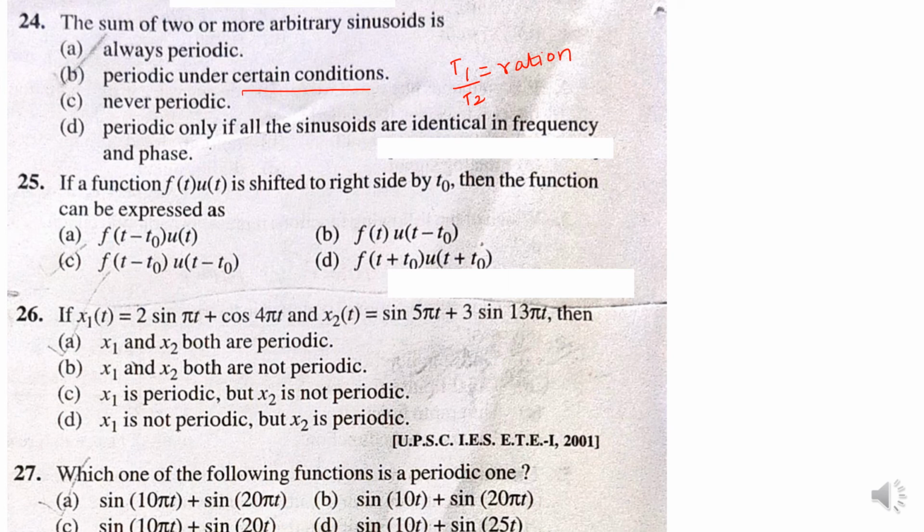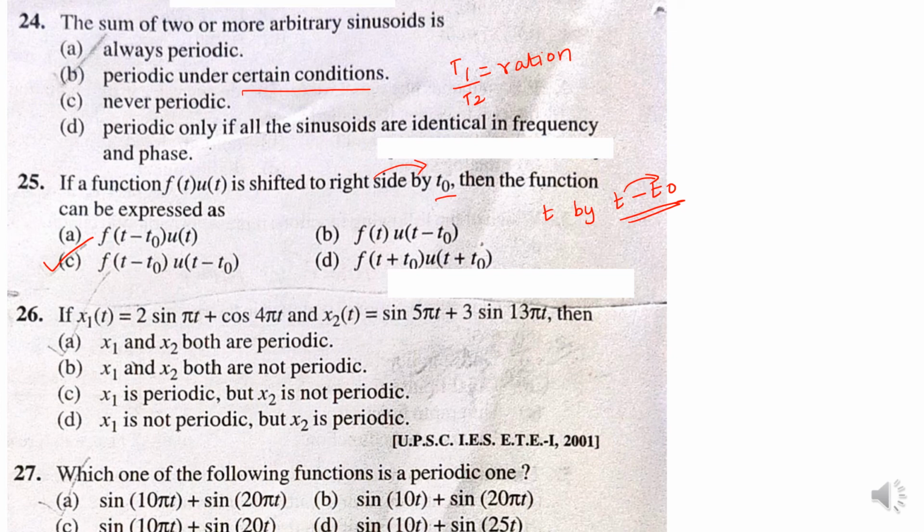The function f of t into u of t is shifted to the right side by t0, then the function can be expressed as shifted to the right side by t0. So you have to replace t by t minus t0. That is the correct answer, shifted to the right. So f of t minus t0 into u of t minus t0 is the correct answer.